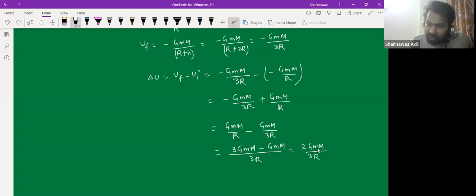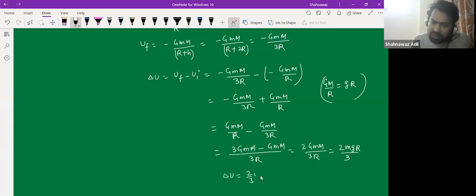And we already know that GM by R squared is g, which we have already calculated, so we'll put this value. So this is 2mgR divided by 3. Your change in potential energy is 2 by 3 mgR. This would be the answer.